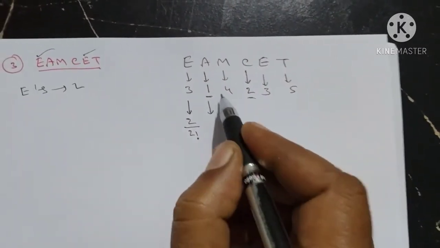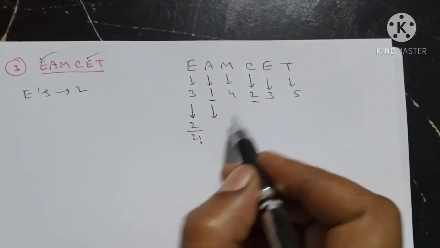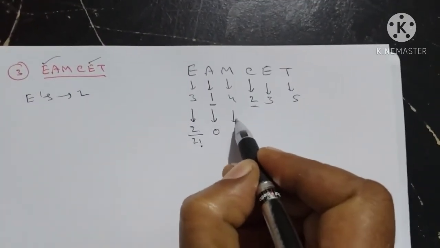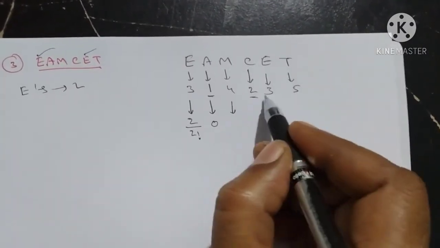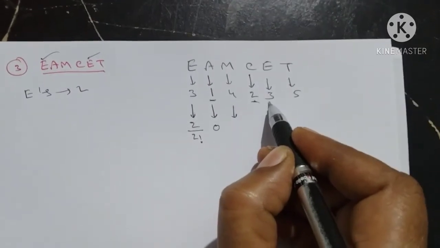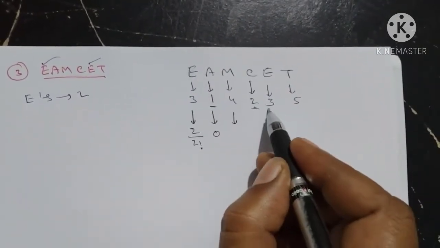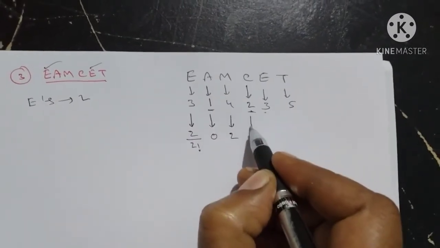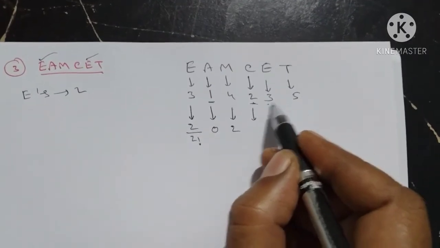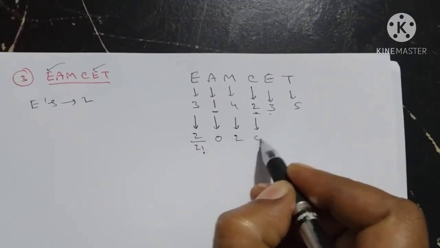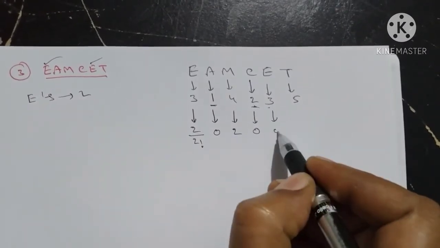Next, the number of lesser values of 2 on the right side is 0. Next, the fourth one, 4. For 4, how many lesser values? 2 and 3 are lesser values, but 5 is a greater value, we don't consider it. Only 2. For 2, the number of lesser values of 2 on the right side? 0. For 3, the number of lesser values of 3 on the right side? No.